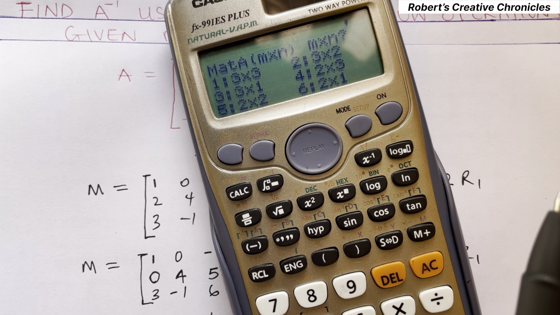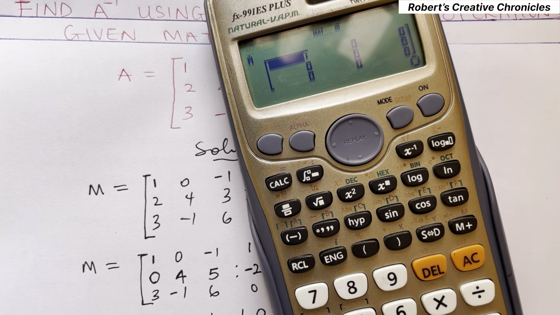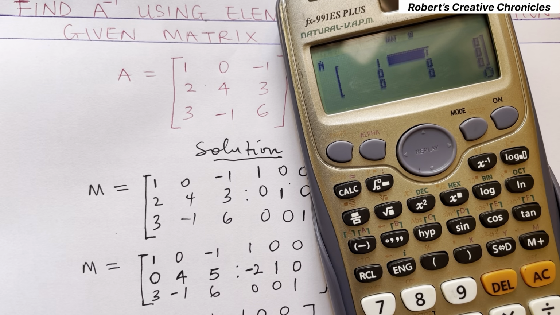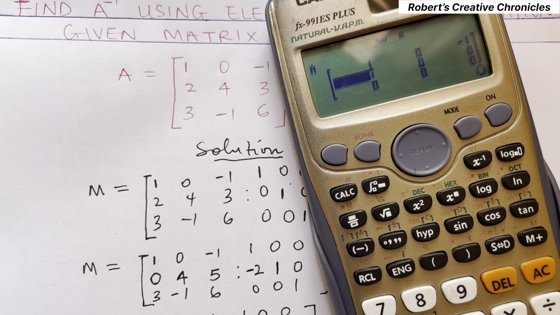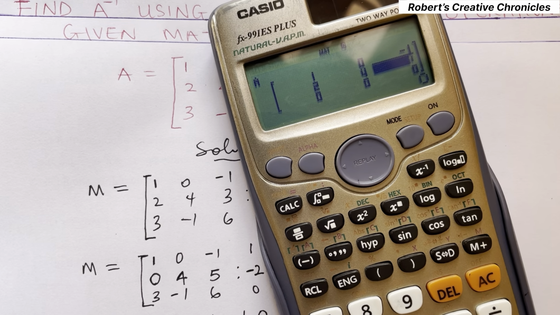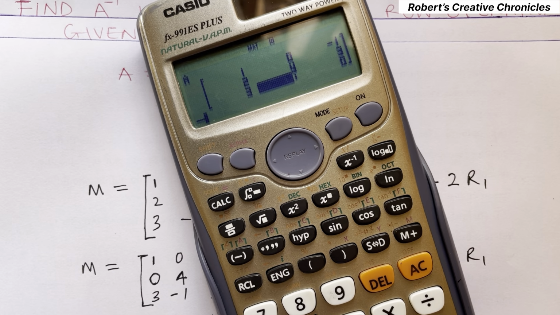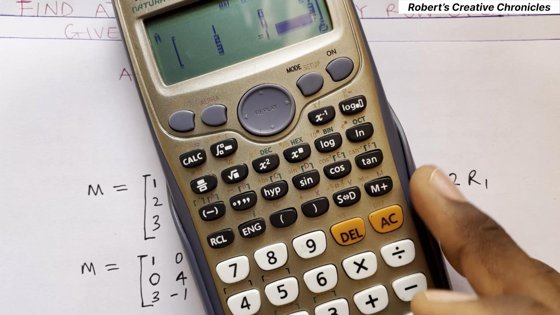Then this is a 3 by 3 matrix, so you press 1. Then you insert the matrix, which is 1, 0, minus 1, 2, 4, 3, then 3, minus 1 and 6. Then you press AC to save it.